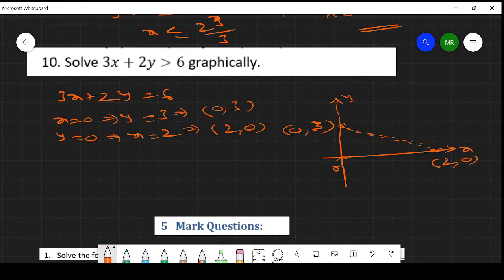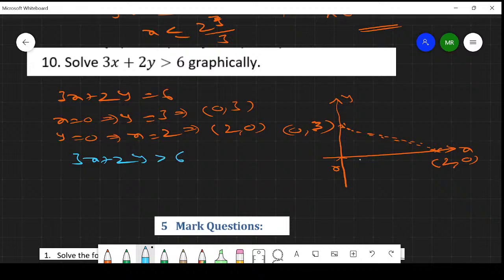Now after that, is the solution region above the line or below the line, upper half or lower half? How to decide? Use the origin. One side is the origin side, the other side is without the origin. Now you can verify. Take the given inequality, 3x plus 2y greater than 6.